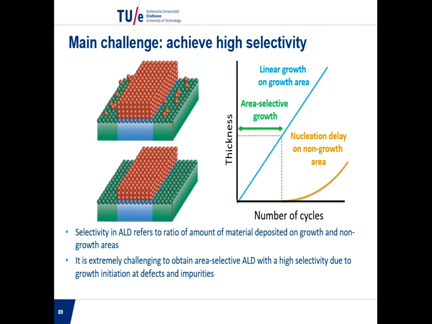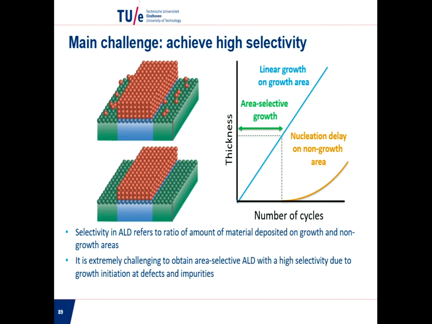But in practice there are always defects and impurities on your non-growth area. And these may be sites where the growth can start. Think about the self-assembled monolayer. If you don't have full coverage, you might have some pinholes in the monolayer, and you can have initiation of deposition there. So this is one of the main challenges, that it's difficult to grow with a high selectivity.